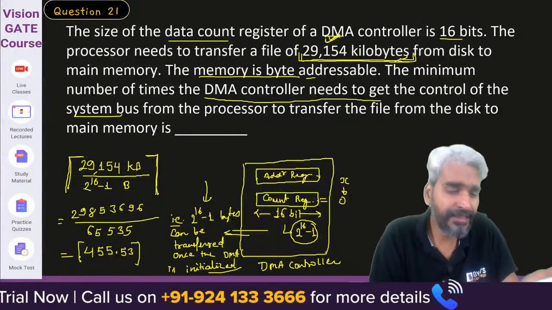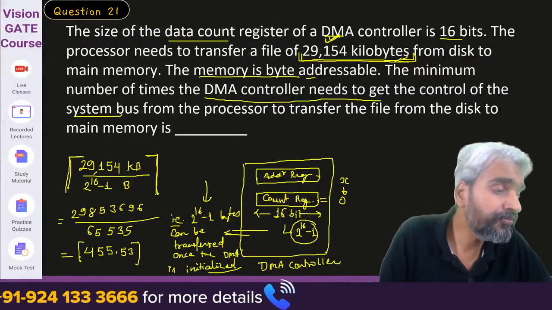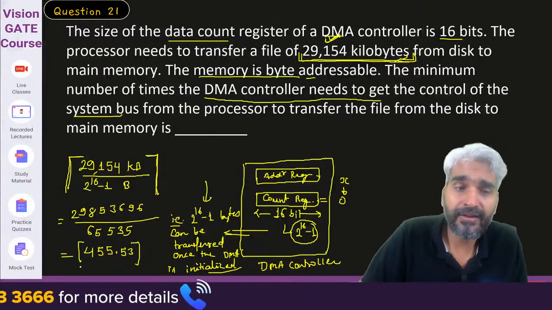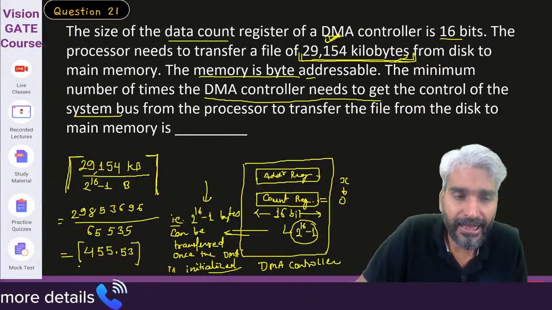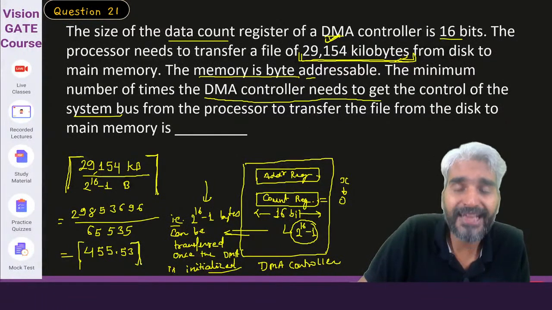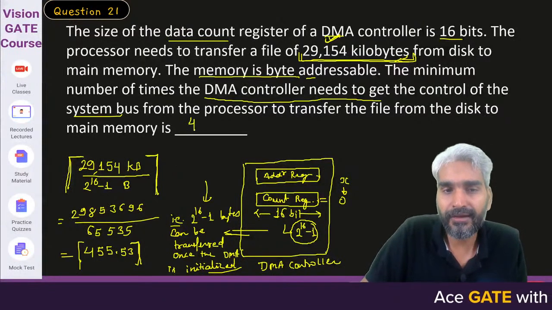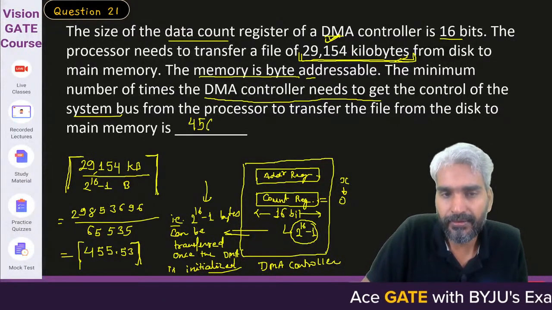So after gaining the control of the system bus 455 times, you will be left with some amount of data. And to transfer that remaining data, you will have to access the DMA a 456th time. Therefore, the final answer will be 456.